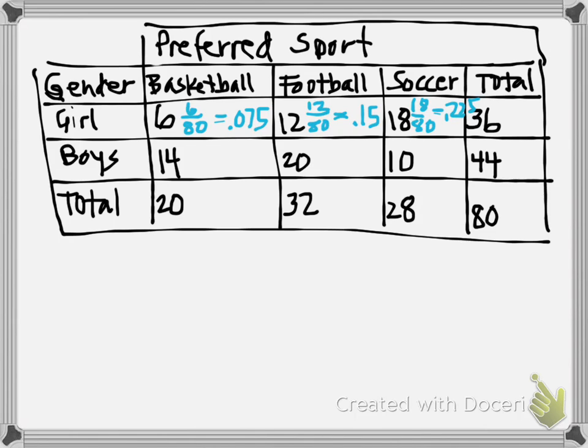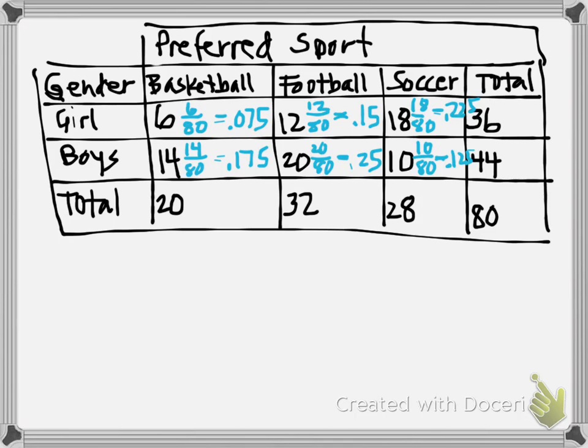Now boys, for basketball, 14 of them chose basketball out of all the kids that were surveyed. And so that value becomes 0.175. And then for football, it would be 20 over 80. Now that's an easy one, right? That goes to 1/4, so we get 0.25. And then we had 10 over 80, which becomes 0.125.